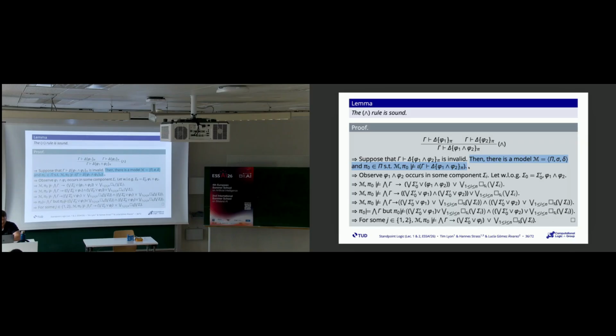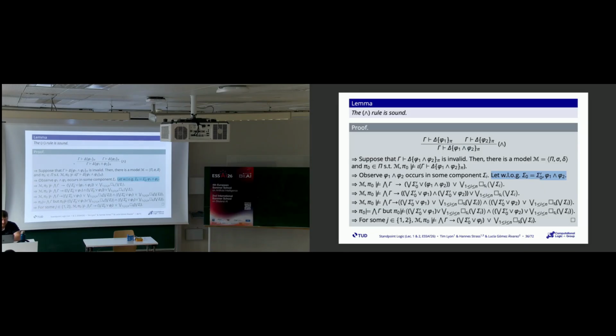And now we know that by the shape of this rule, phi 1 and phi 2 occur in some component in the consequent. So it could appear in the root component or in one of the children components in one of the nestings. I'm just going to make the assumption that it appears in the root component. The other cases are proven in a very similar fashion. Okay?